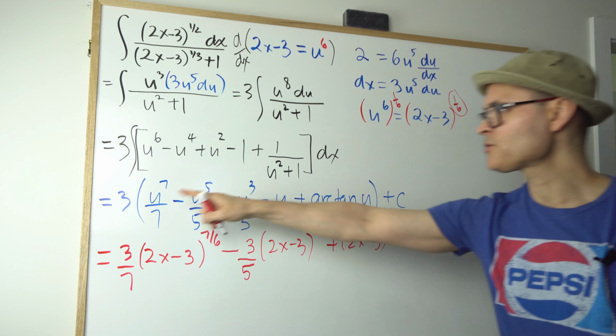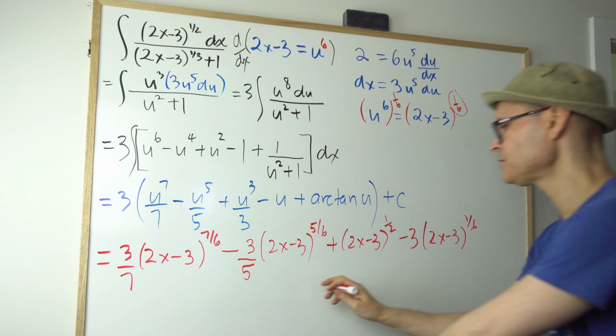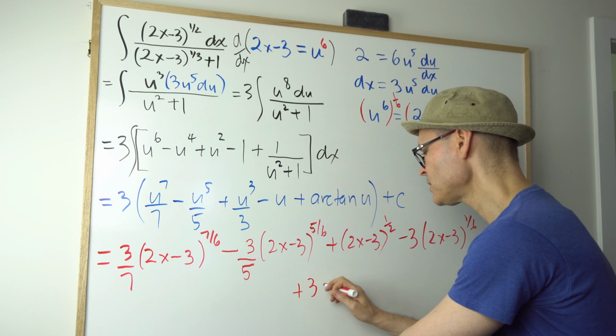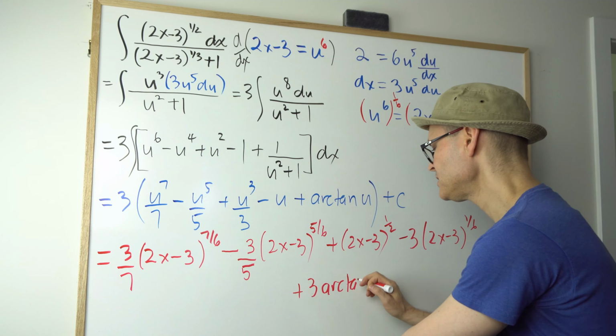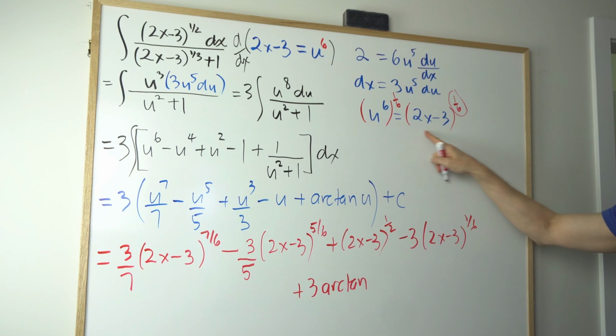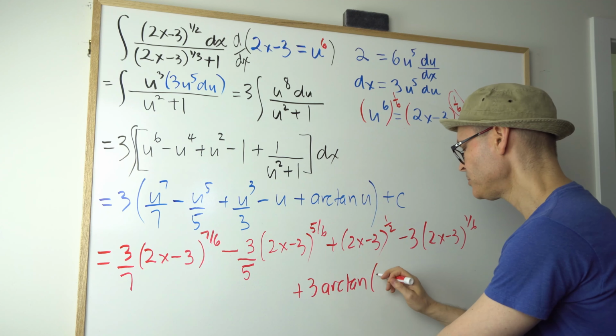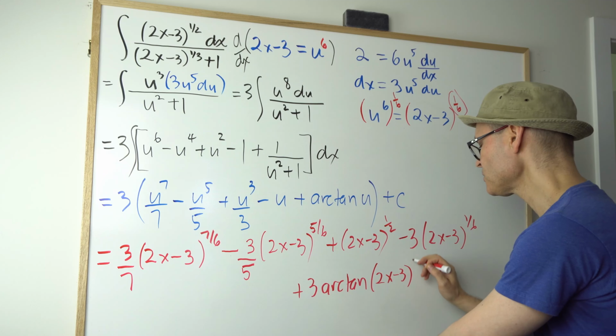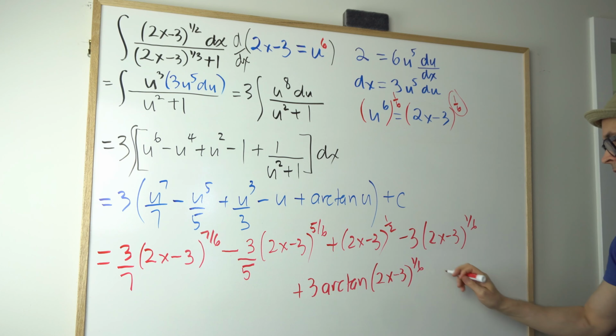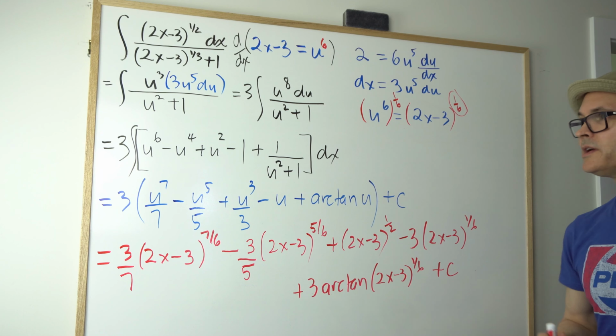And then the 3 gets brought in on the arctan. I'll just write it here. Plus 3 arctan of u. And this is u right here. So I'm going to put it 2x minus 3 to the 1 over 6. And again, don't forget your constant of integration.